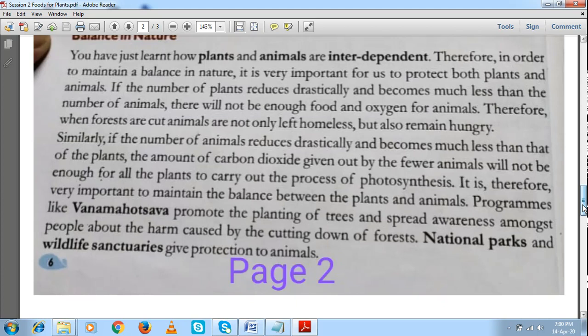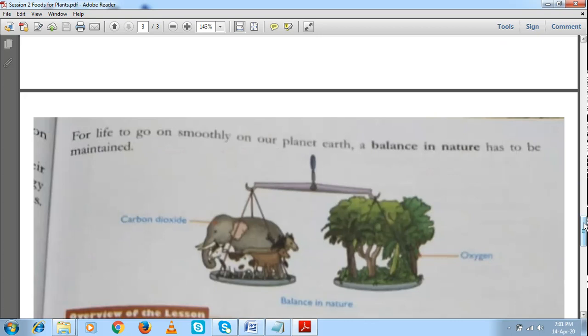One of the festivals associated with this is Van Mahotsav, which promotes the planting of trees and spreads awareness among the people about the harm caused by cutting down of trees. Various national parks and wildlife sanctuaries are also being set up, taking care of the plants and the animals.